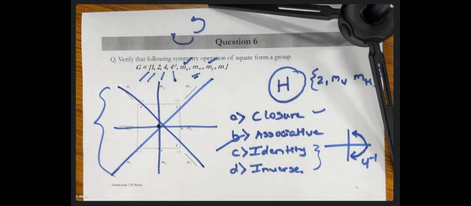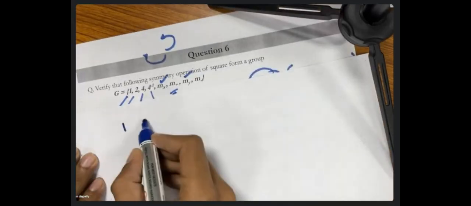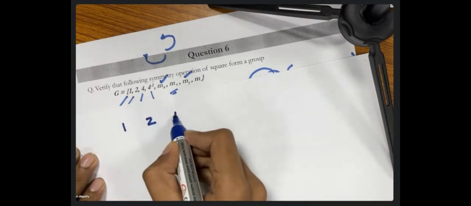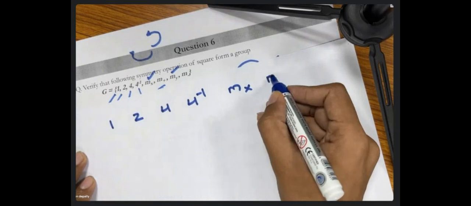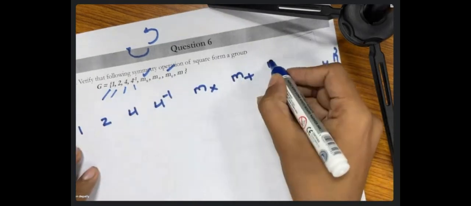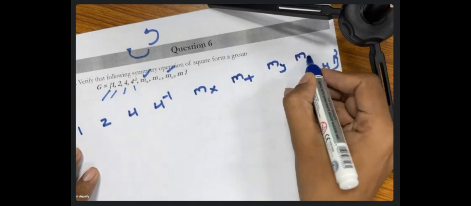Okay, so we need to make a group multiplication table, and based on that, we can see whether they are forming a closure or not. Let's take a fresh page. So we are having the 1, 2, 4, 4 inverse, mx, m plus, my, m minus.